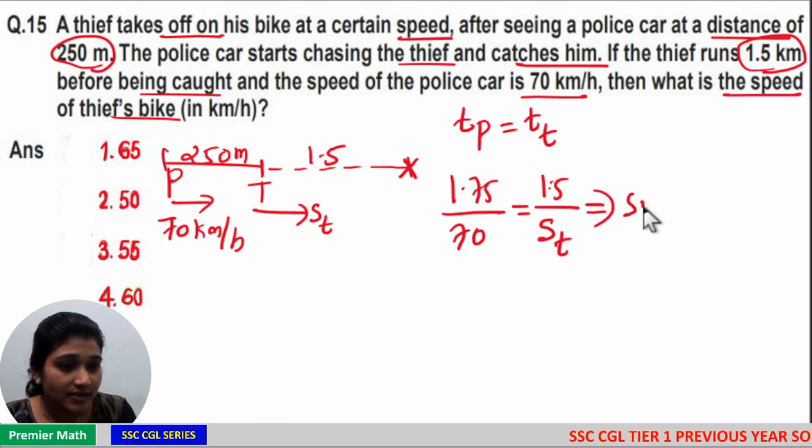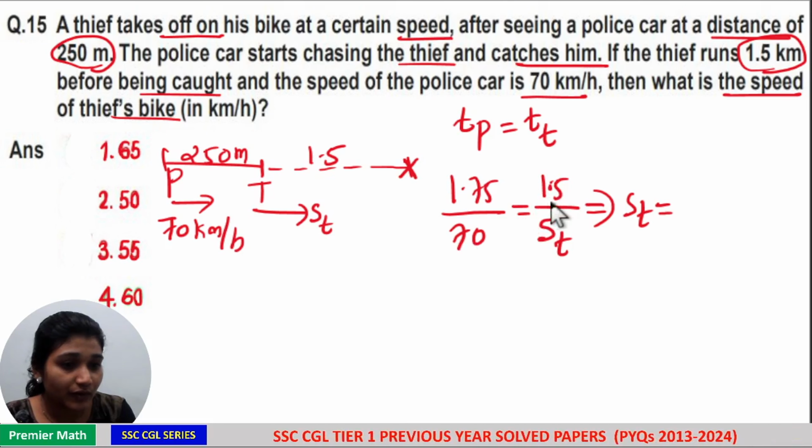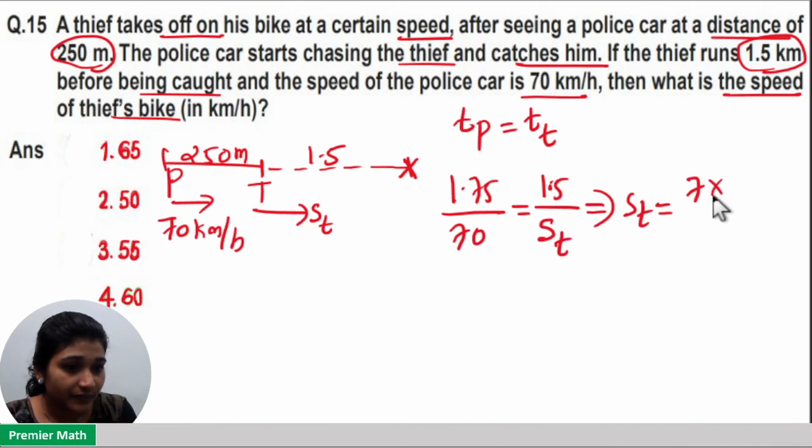Here ST, speed of thief, is equal to 70 into 1.5, which is equal to 15 into 7, divided by 1.75.